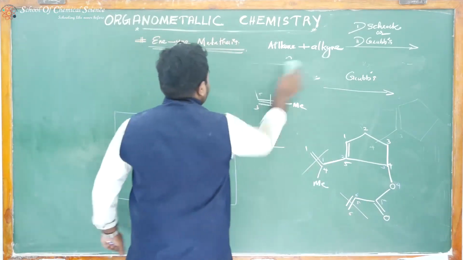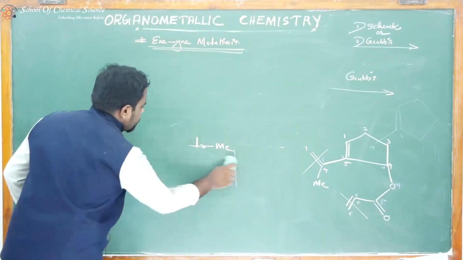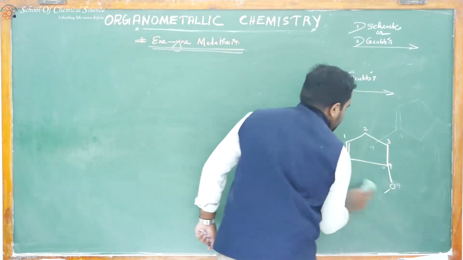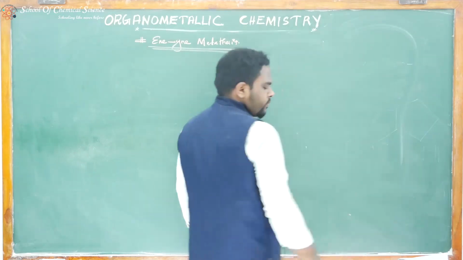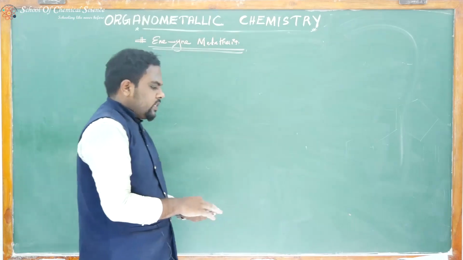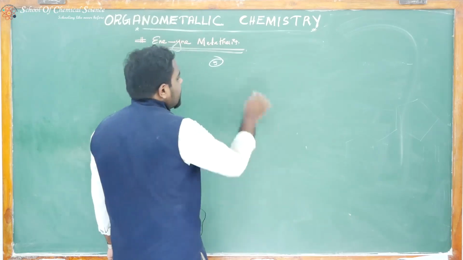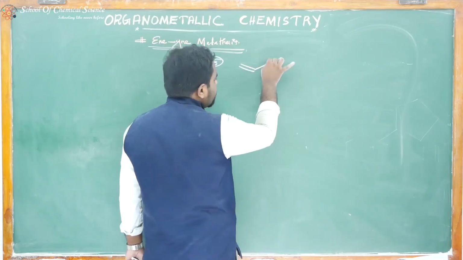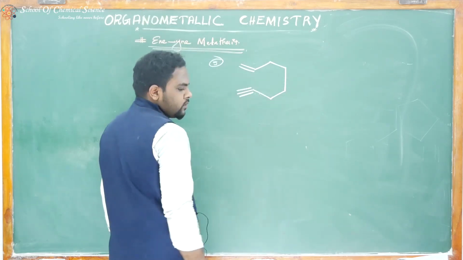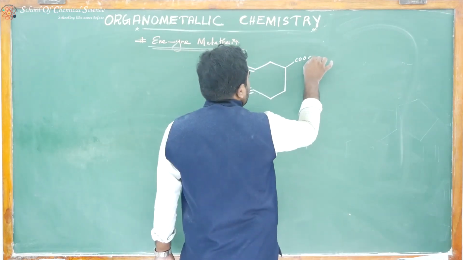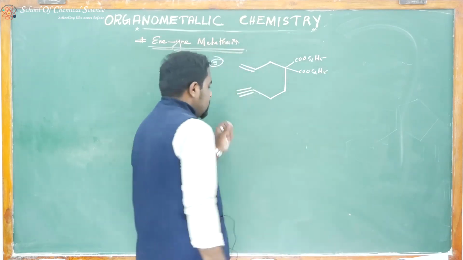Question number 5, a previous year question. A double bond, here a triple bond, here COOC2H5, COOC2H5, two substituents are there.